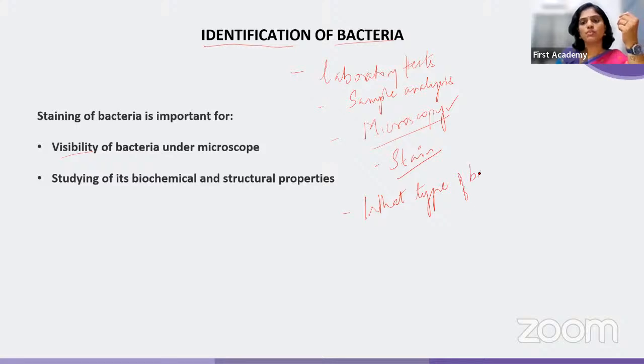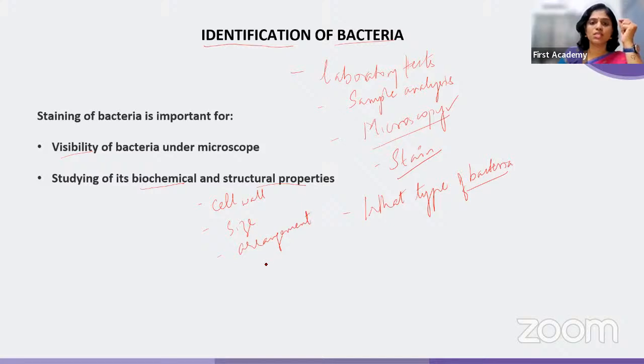We all must have studied the classification of microorganisms, classification of bacteria. Different types are there, so we should know what type of bacteria it is. We should study their biochemical characteristics and structural properties, starting from the simple characteristic features like knowing about its cell wall structure, the size of the bacteria, the arrangement of the bacteria.